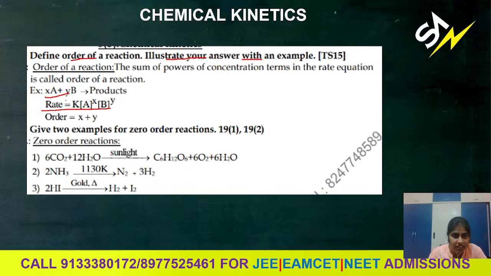This is the main equation and this is the rate equation. To define the order, we add the exponents of A and B, that is x and y. This x plus y gives the order of the reaction.